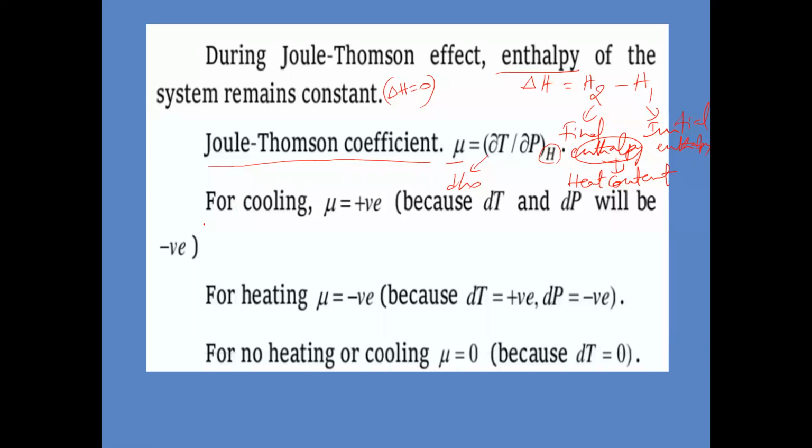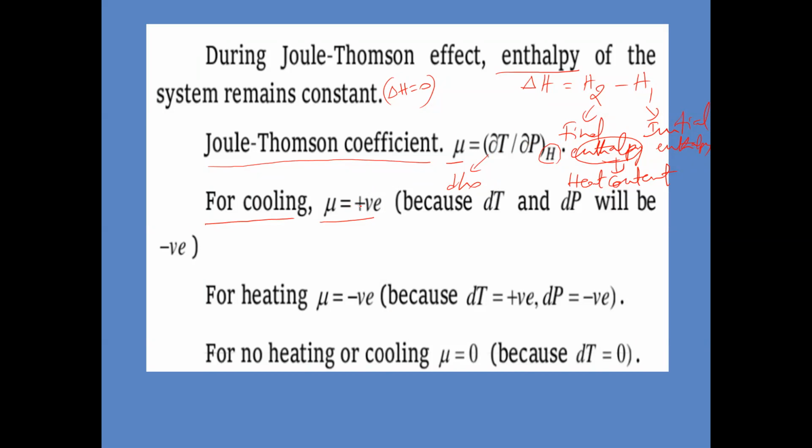Next, for the cooling effect, mu should be positive. Mu is positive for the cooling effect. That means the change in temperature will be more and the change in pressure will be more, so the numerator value should be more than the denominator.